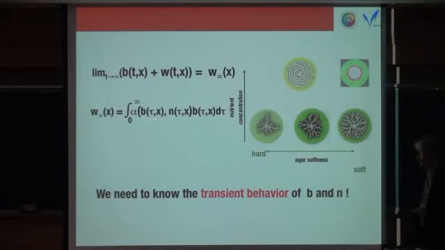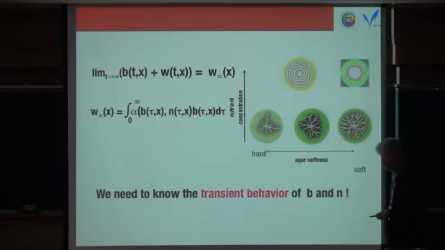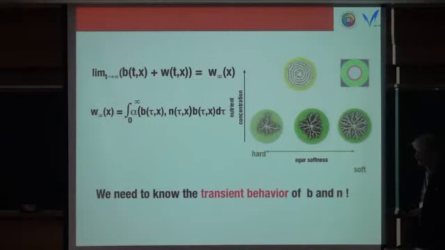Of course, B and N asymptotically tend to some constant, especially B tends to 0. So asymptotically it is very simple, but the intermediate time, say 0 plus maybe some capital T, gives us the information on W infinity. So in order to understand W infinity of X, we have to discuss the transient behavior of B and N. This is a very difficult part.